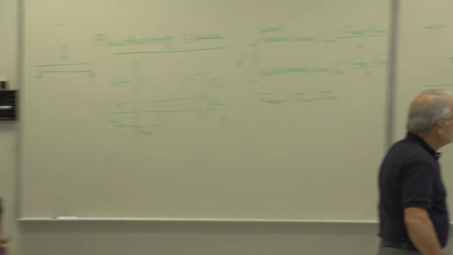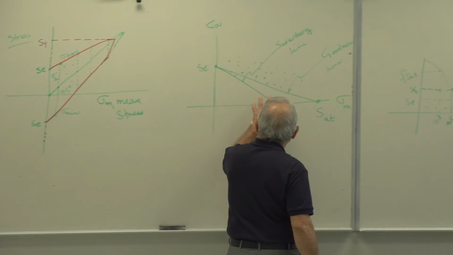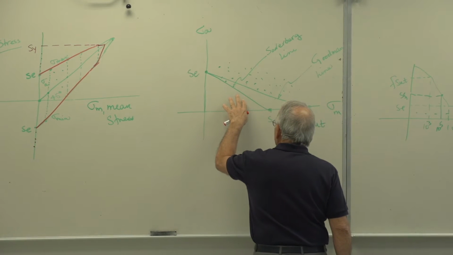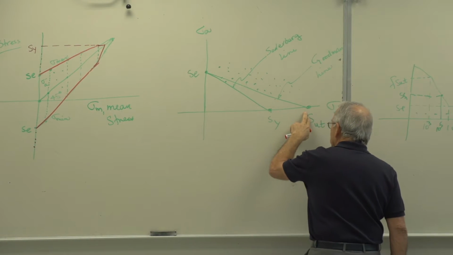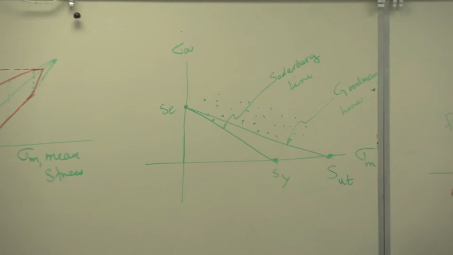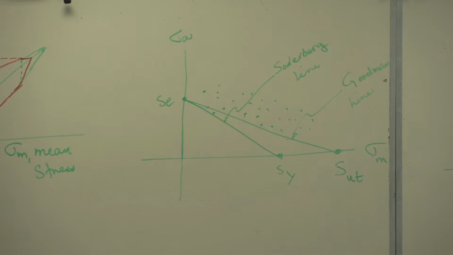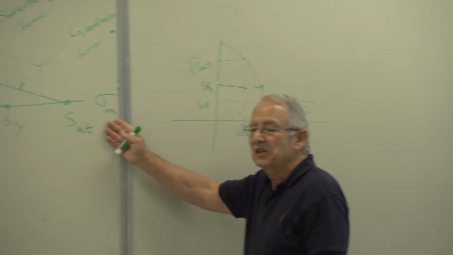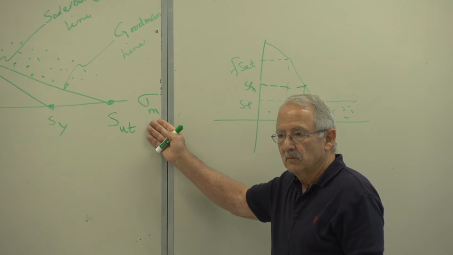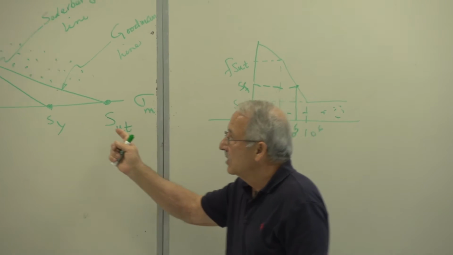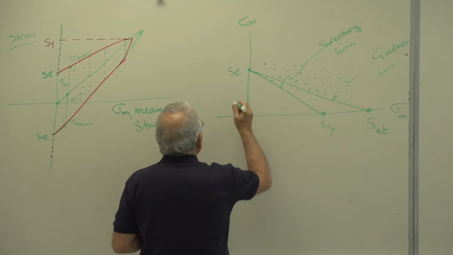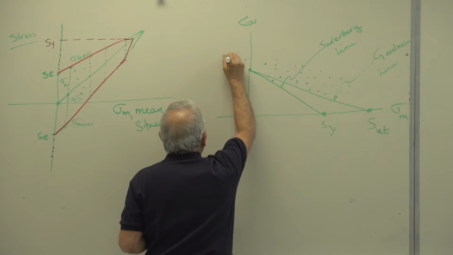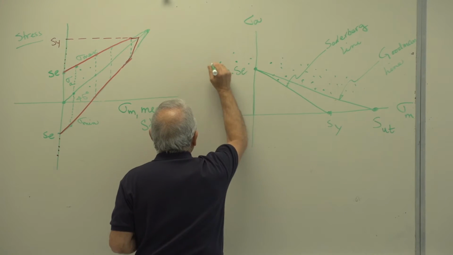So, these two lines define infinite life, one taking yielding into consideration, the other one not. Also, we find that when the mean stress is negative, this is mean stress positive. In other words, if we make mean stress negative and test here, we see that points fall like this.